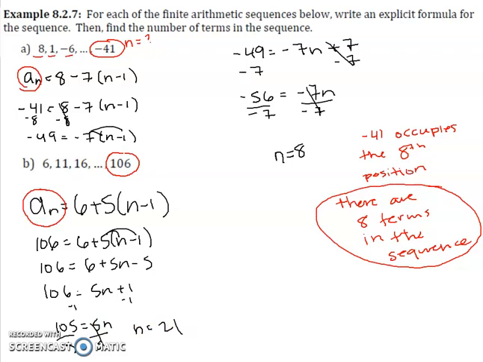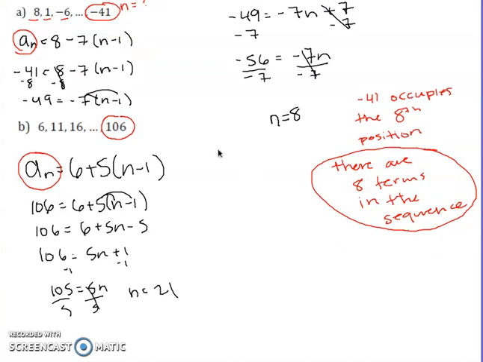So just like before in example A, we found out that that last term, 106, occupies the 21st position. So 1, 2, 3, 4, 5, 6, 7, all the way to 21.